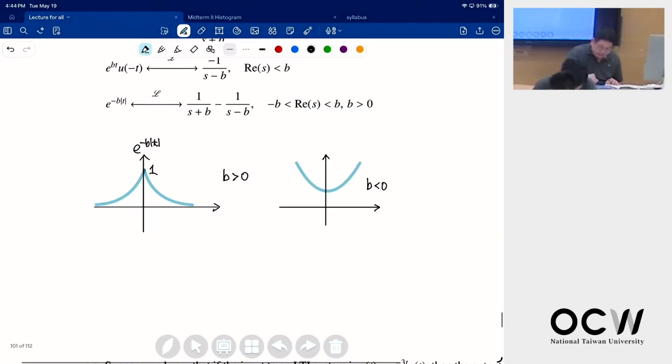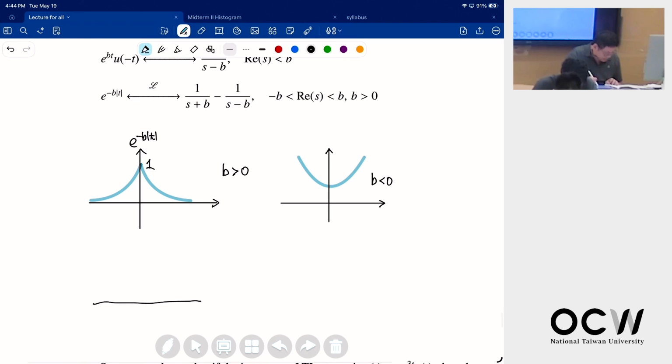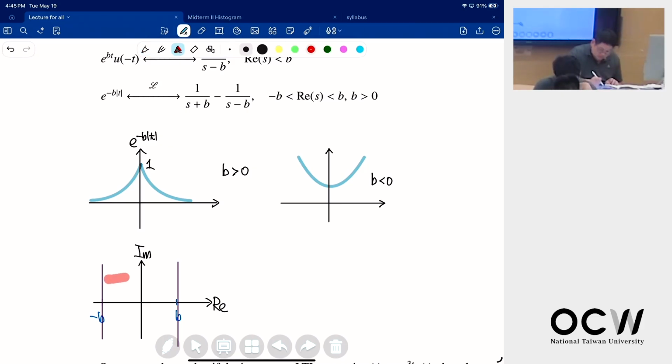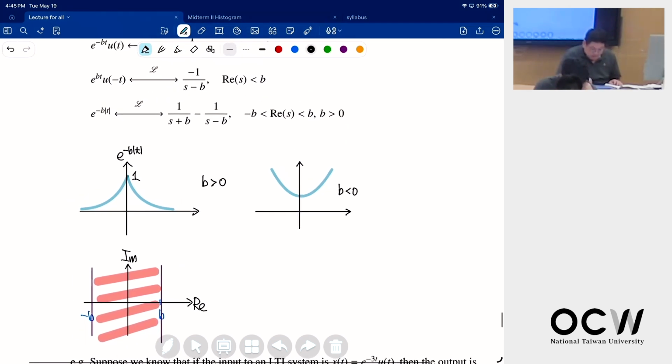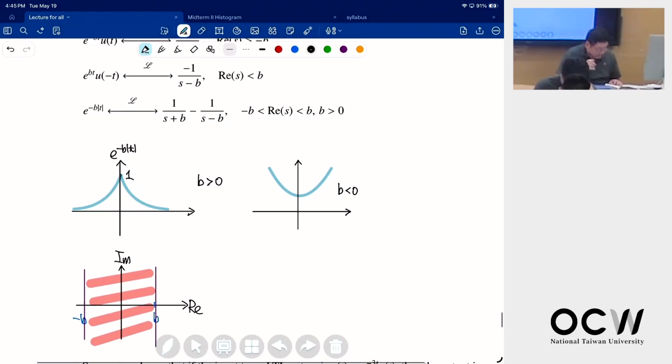For b greater than 0, we have b and minus b. It's in between. But how about b less than 0? What is the region of convergence? Well, actually, we don't have a Laplace transform.